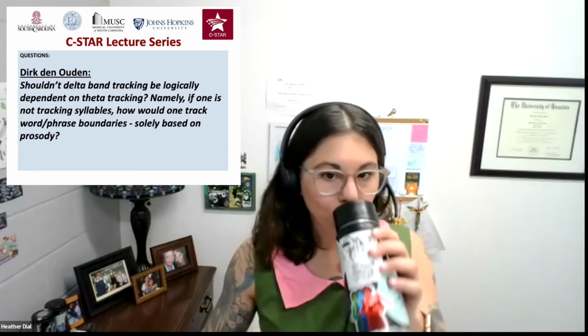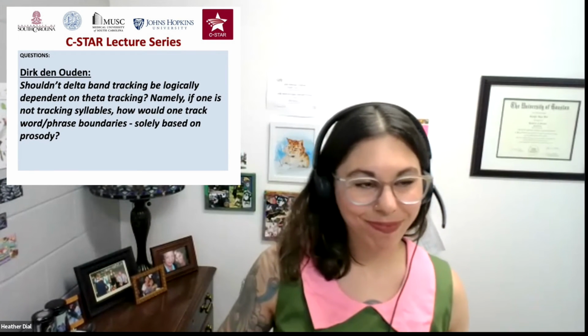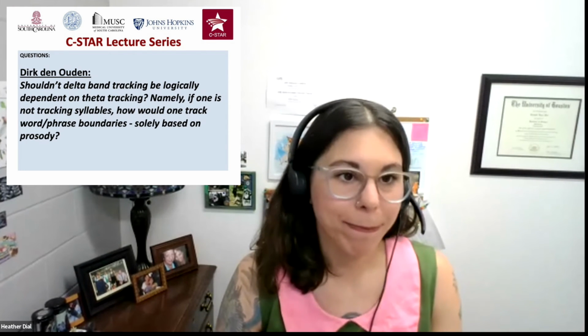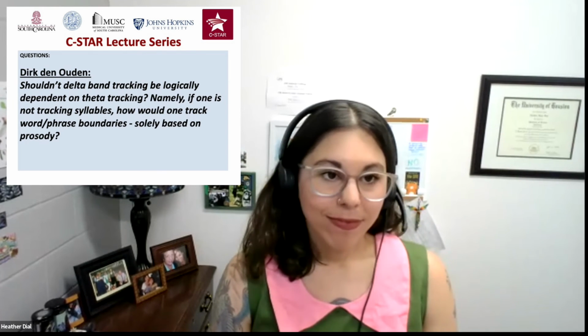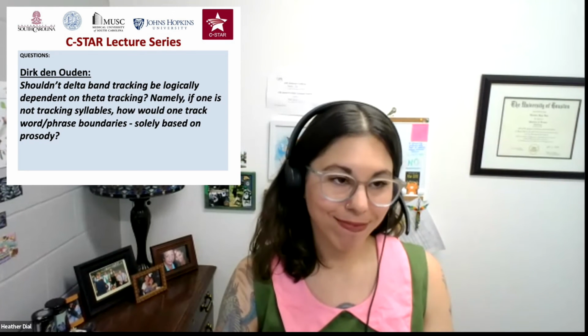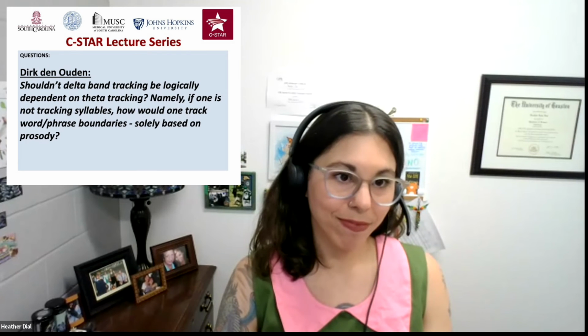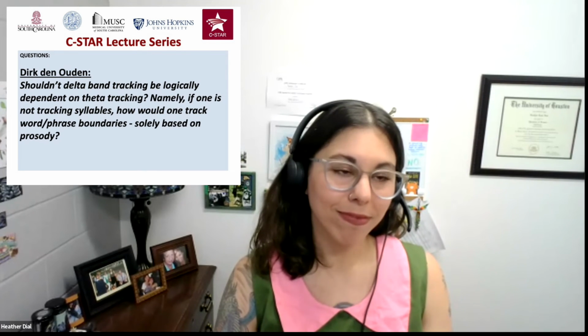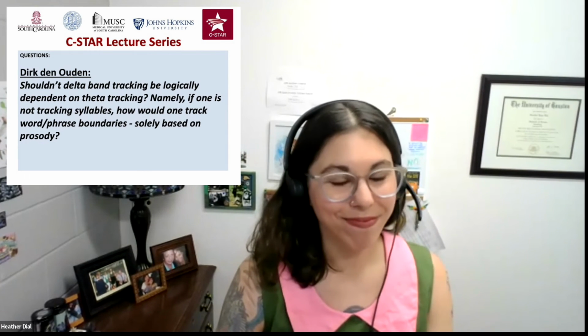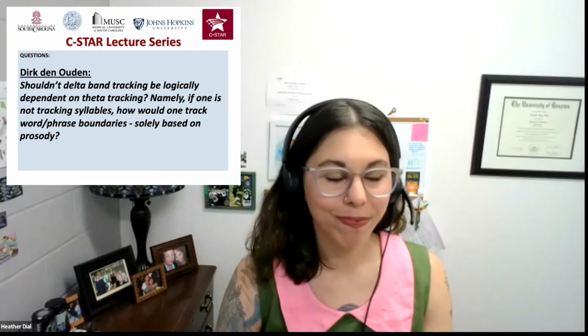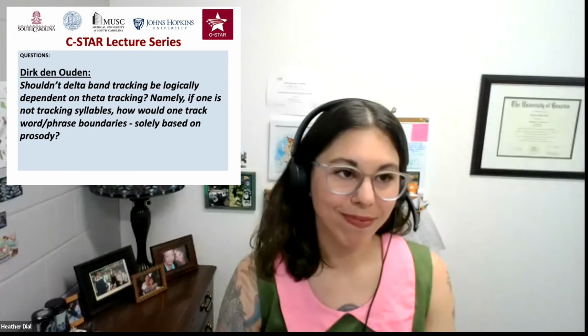Okay, thank you. I had a question. I may have missed something in your explanation, but I'm wondering about the delta band. You did mention that there are suggestions that higher language level functions come into play, like prediction maybe, but you didn't really go into detail about that. It would seem to me that delta tracking of word boundaries and phrase boundaries by definition requires this higher processing, right? That's not just prosody. So I basically have two questions about that.